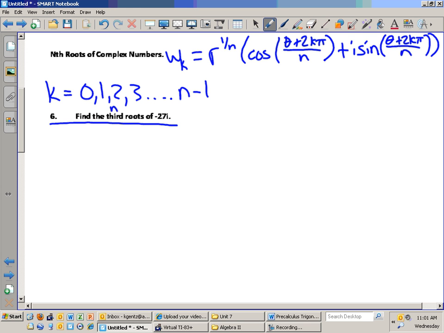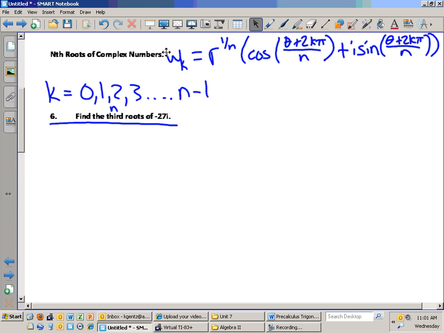And so what that means is one number less than n. As you look at this example, find the third roots of negative 27i, what is k going to be? If we are looking for the cube root, k will end up being, at the very end, 2.